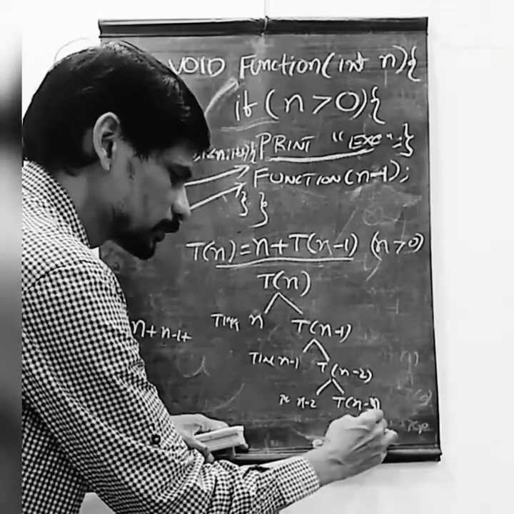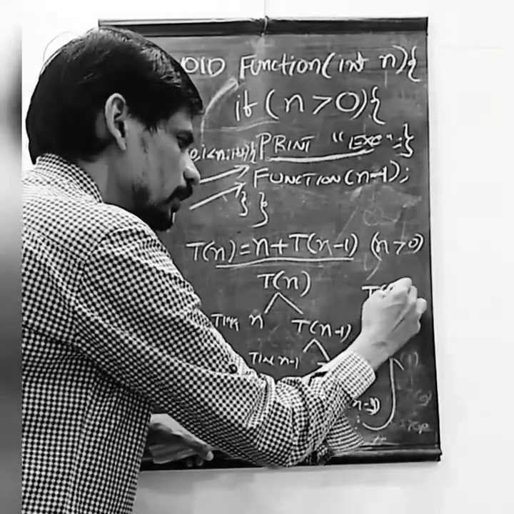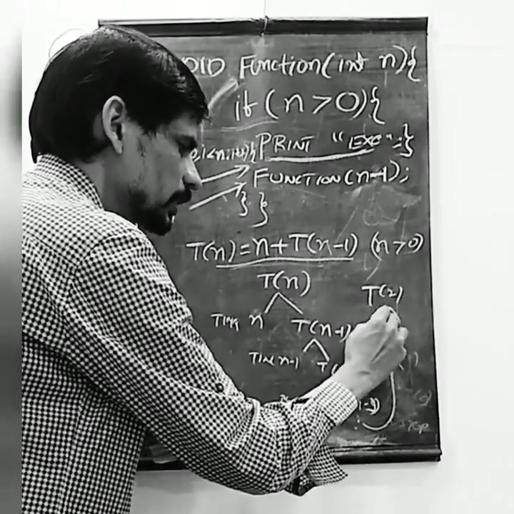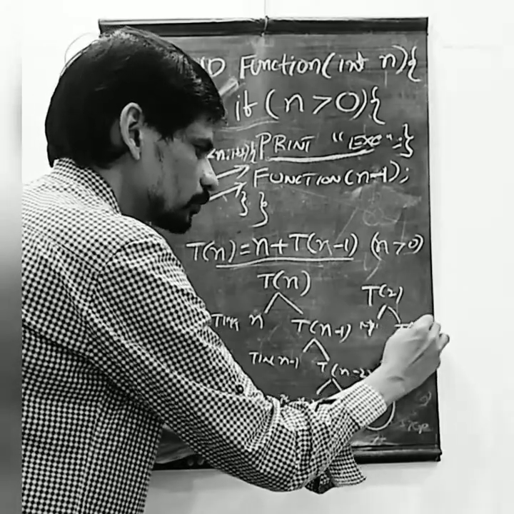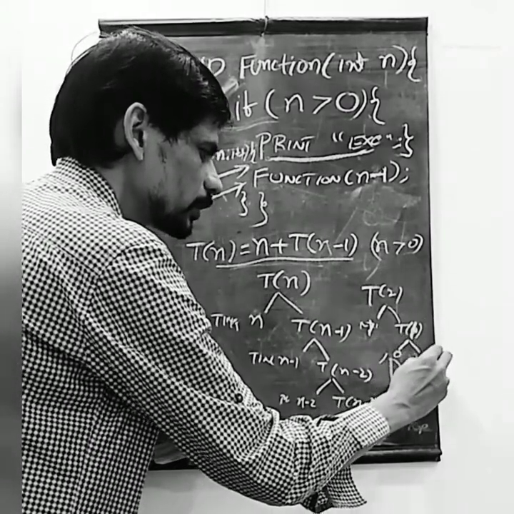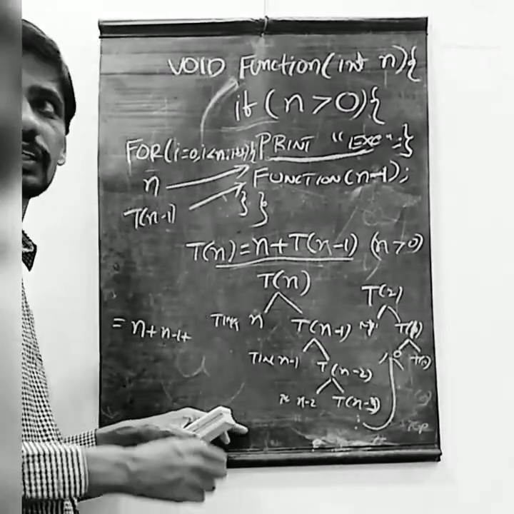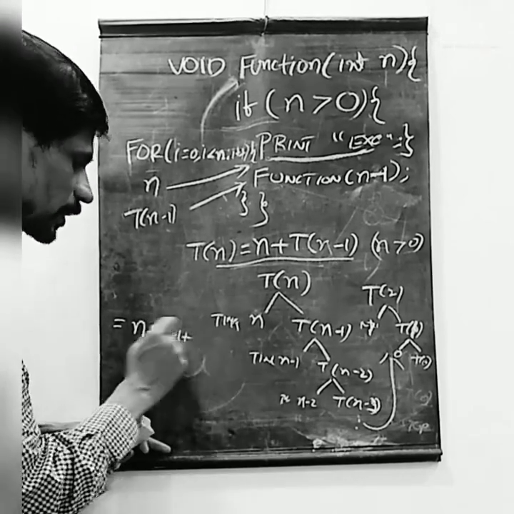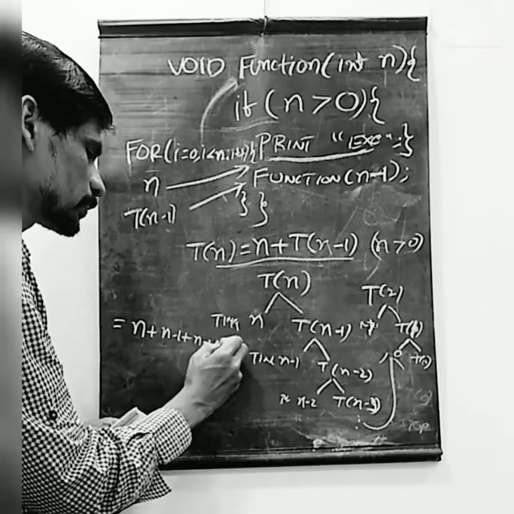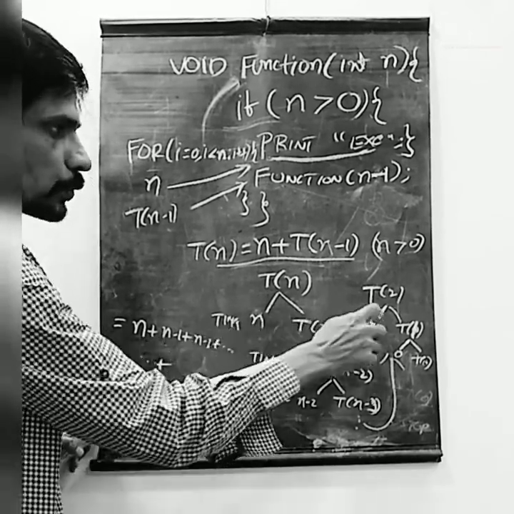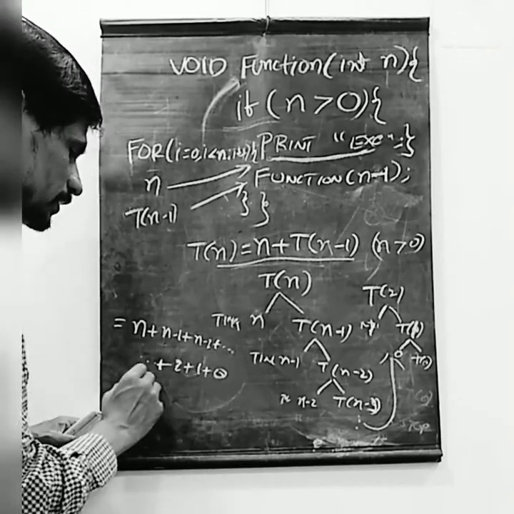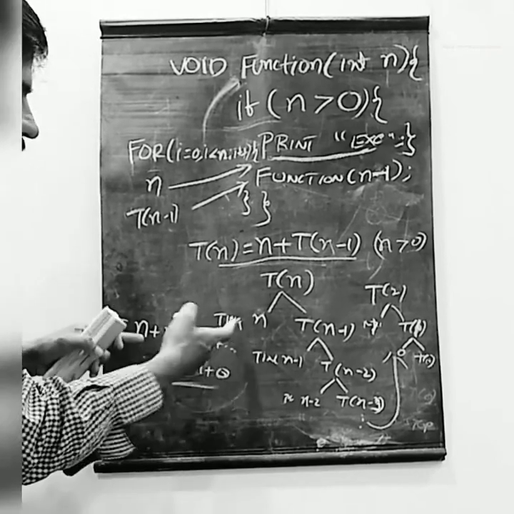So this will go on to t of 2, 2 minus 1 times, so 1 time, and t of 1, which means 0 times, and t of 0. So n minus 1, n minus 2, and so on, plus 2 plus 1 plus 0, right?